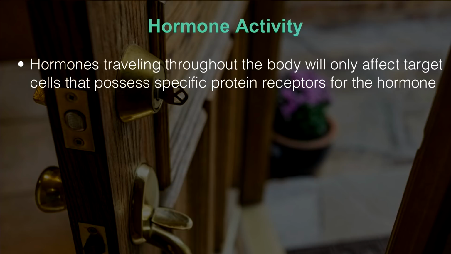So hormones have very specific effects. Hormones are the keys, and the receptors are the locks. And only one kind of key can open a certain type of lock. Only certain hormones can bind to and activate certain receptors. It's very specific.